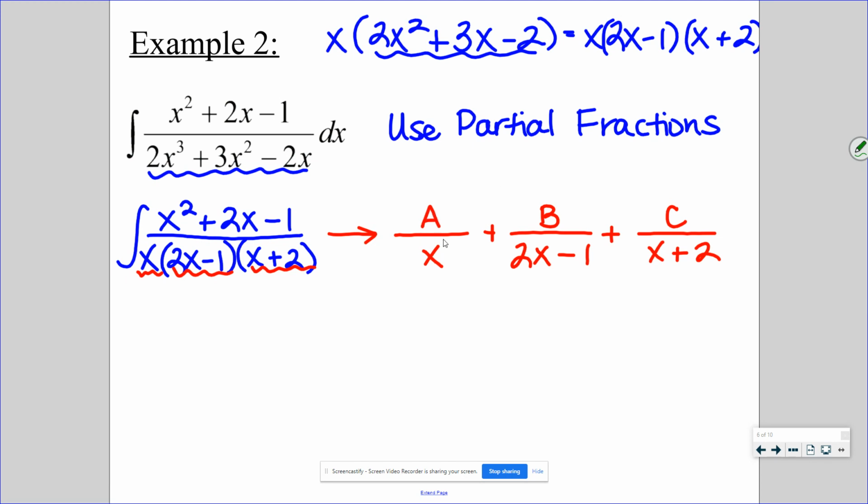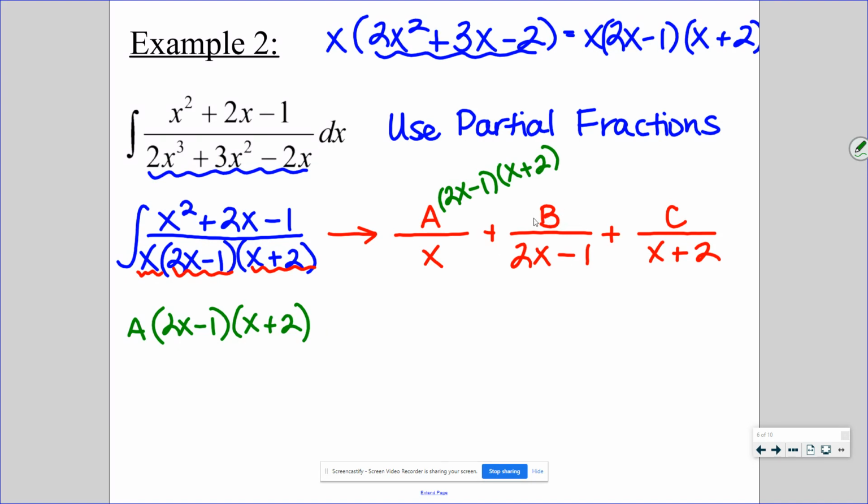So if I were to ask you how to get a common denominator for this first fraction, you should be able to tell me that you would multiply by the other 2 denominators, right? You would multiply by the other 2 denominators to make this a common denominator. So that means we would be taking A and multiplying it by 2x minus 1 and by x plus 2. B, same thing.